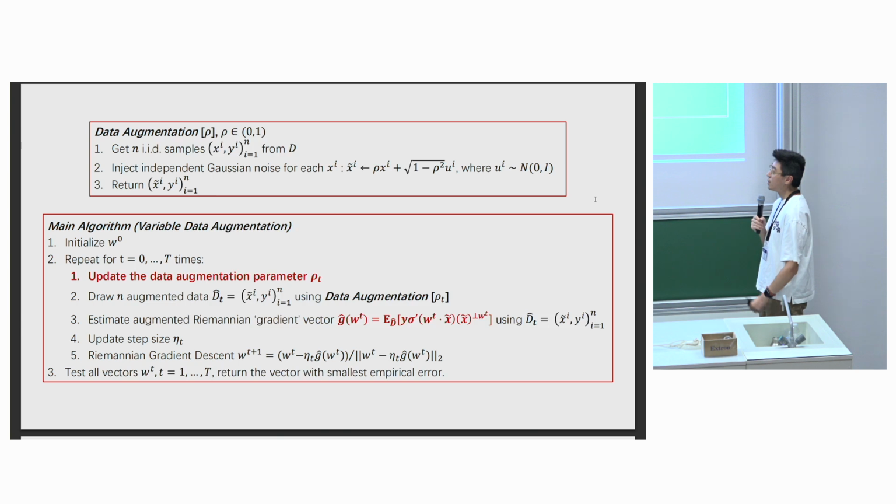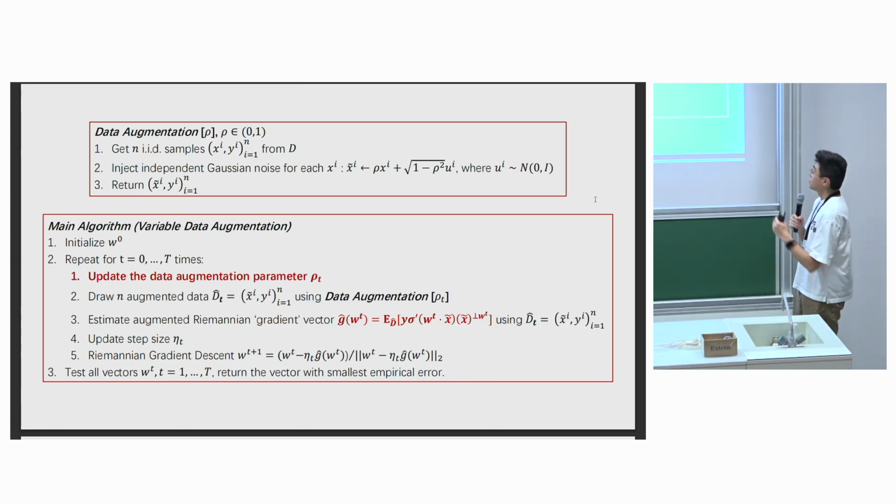First of all, we update the data augmentation at each round of iteration. Basically, we are performing a variable data augmentation process. Then after getting these augmented data points, we calculate the empirical gradient of the L2 squared loss using this augmented data. And then we update with step size eta, and run the remaining gradient descent steps. In the end, we test and find the best vector.